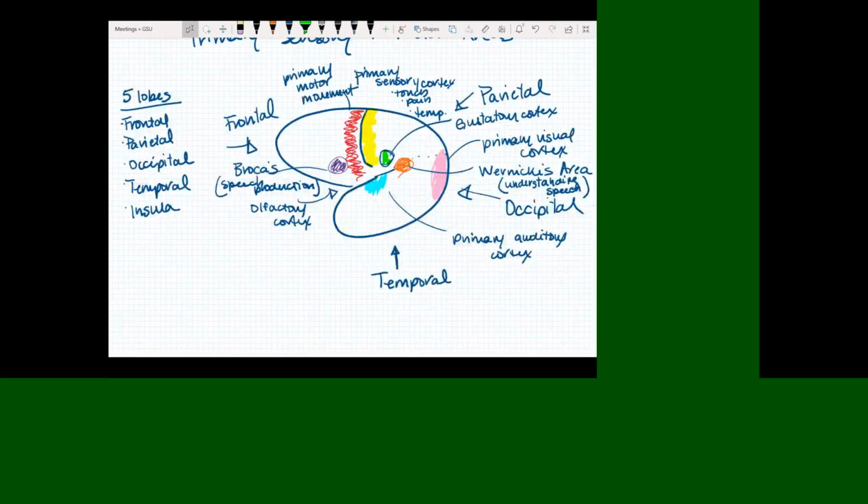So the difference between Broca's and Wernicke's is Broca does have a motor component. Wernicke's is being able to process and understand, but they are both related to language.